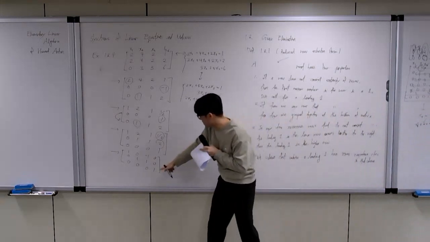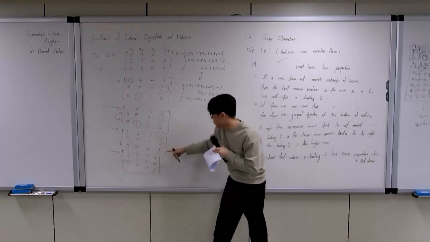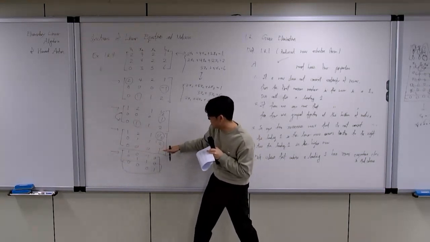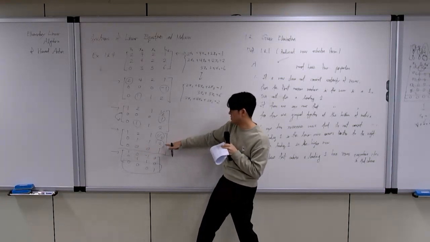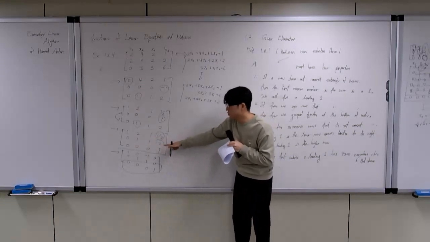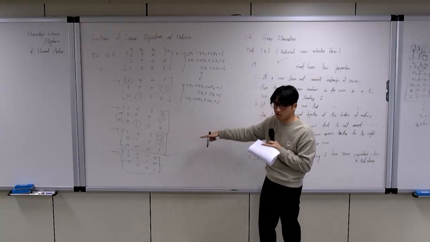The last step is, by using the last row, we multiply by 2 and subtract from the second row, and multiply by 1 over 2 and subtract from the first equation.